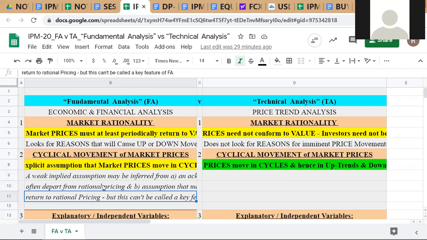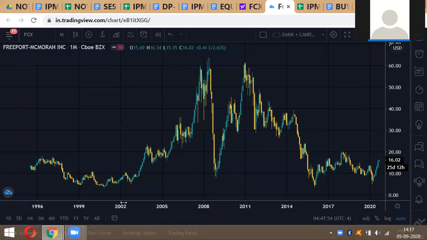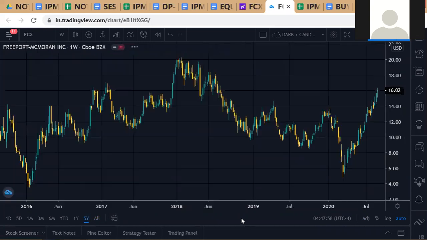Let's go back to the FCX example. If I say that my estimate of fair value is $20 and the current market price is $16, I will be a buyer because I believe that eventually markets will return to my estimate of fair value.